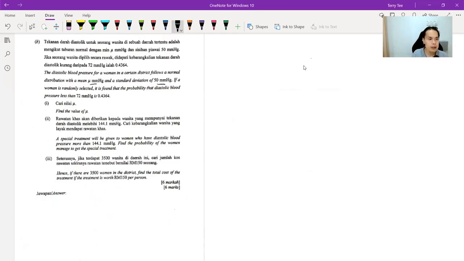The probability that the blood pressure is less than 72 is 0.4364. So we start off by writing P(X less than 72) is 0.4364. Let us standardize this: 72 minus mu over the standard deviation 50, is 0.4364.